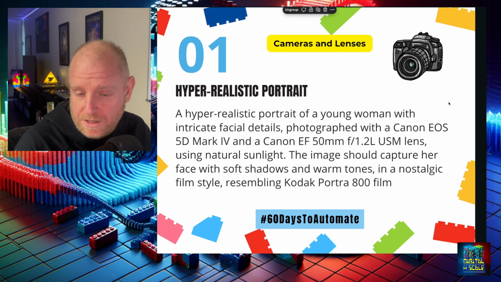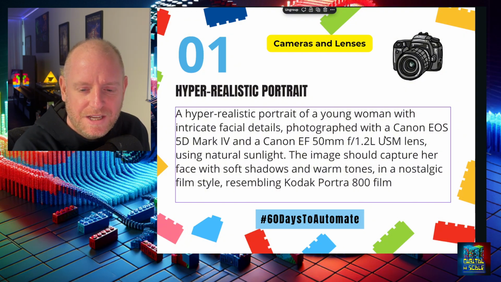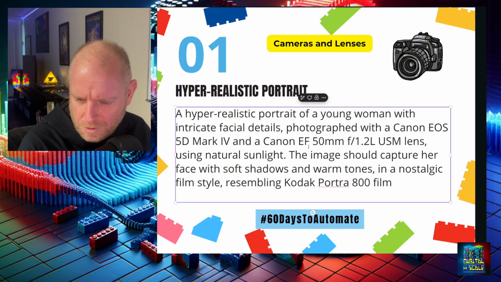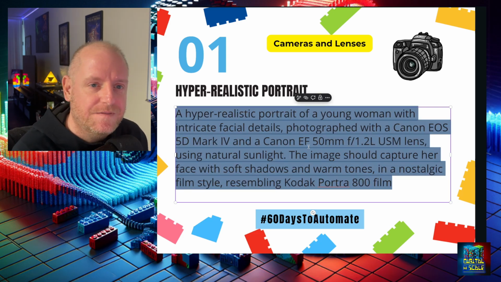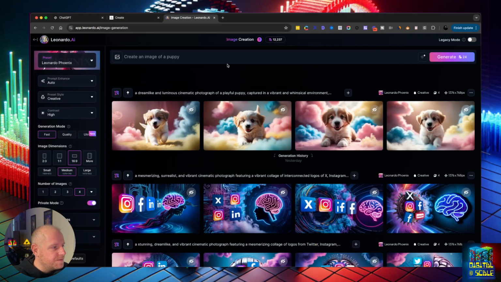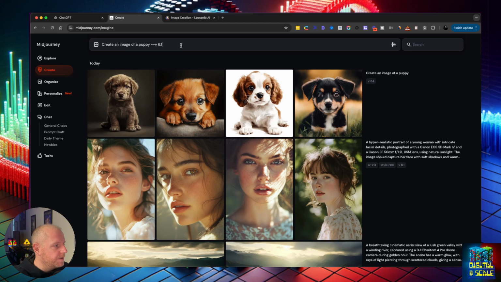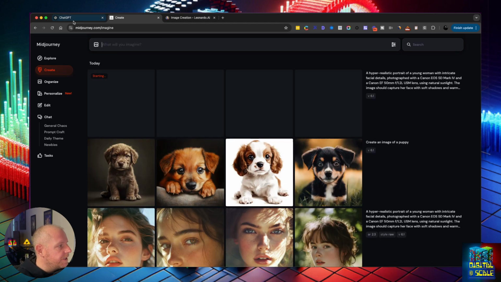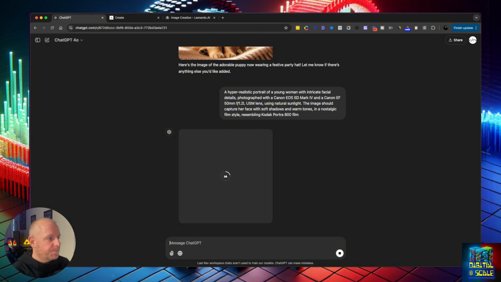Using natural sunlight, the image should capture her face with soft shadows and warm tones and a nostalgic film style resembling Kodak Portra 800 film. So even saying what type of film it's on. Let's put this image prompt into Leonardo, into MidJourney, and into DALL-E.